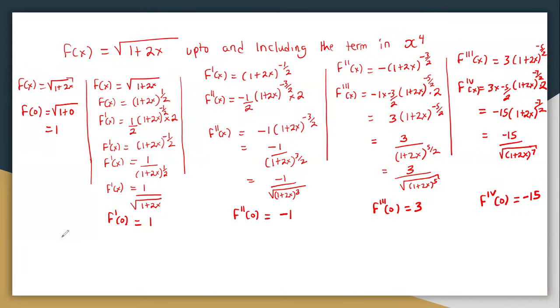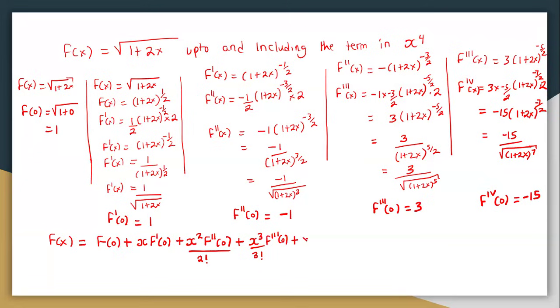When we go back to our expansion, remember our f of x will equal f of 0 plus x f prime of 0 plus x squared f double prime of 0 out of 2 factorial, plus x power 3 out of 3 factorial f triple prime of 0, plus x power 4 f fourth derivative of 0 out of 4 factorial, and so on.